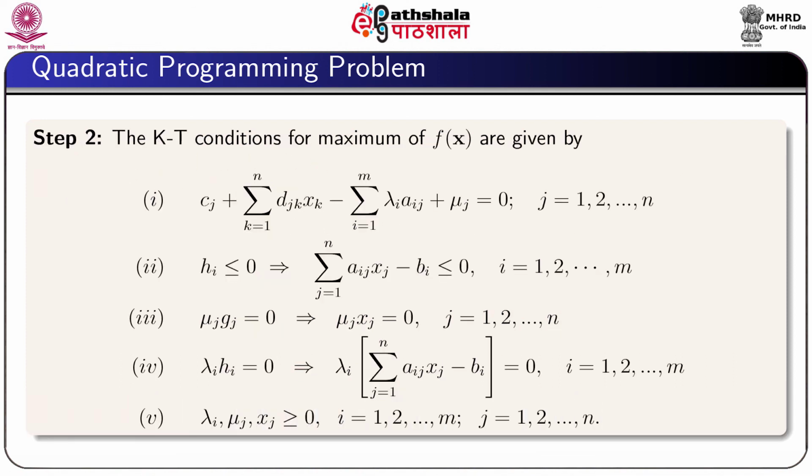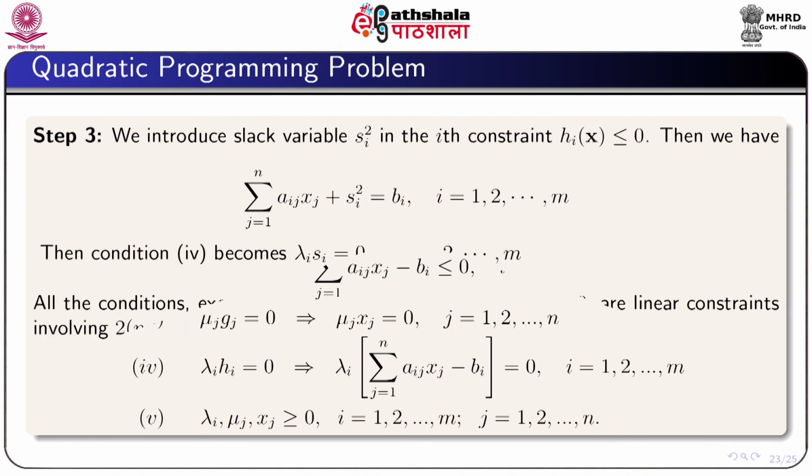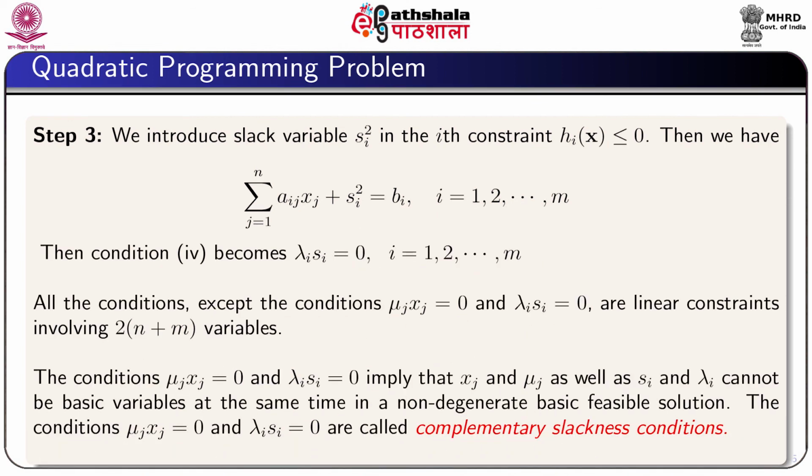Step 2, the KT conditions for maximum are derived as shown in this slide. The conditions are 1, 2, 3, 4 and 5. Step 3, we introduce a slack variable Si square in the ith constraint, that is hi(x) less than or equal to 0.